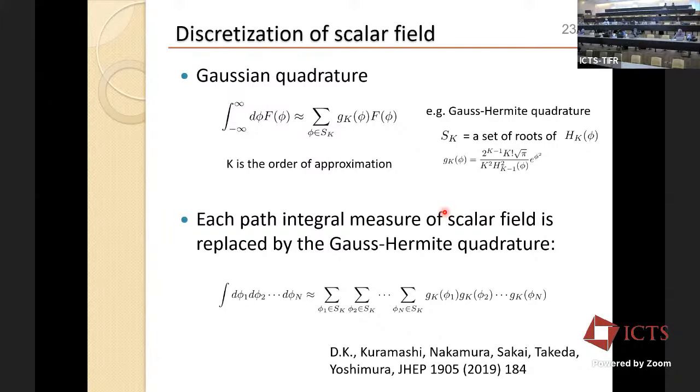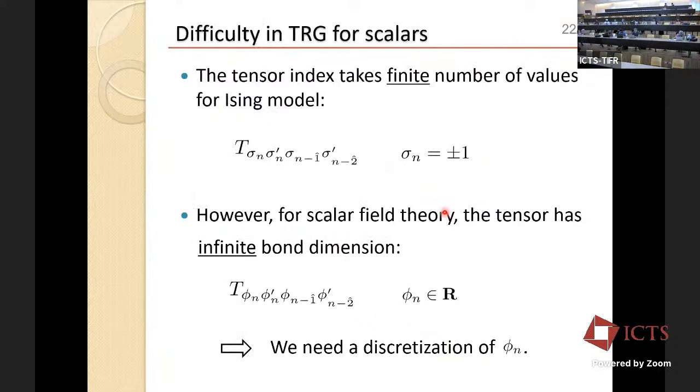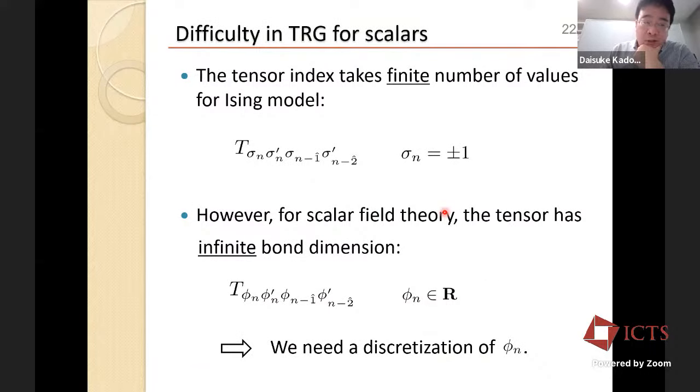I see. So just to make sure, when you discretize now, this is real time. So do you discretize both space and time, or just the spatial coordinate?